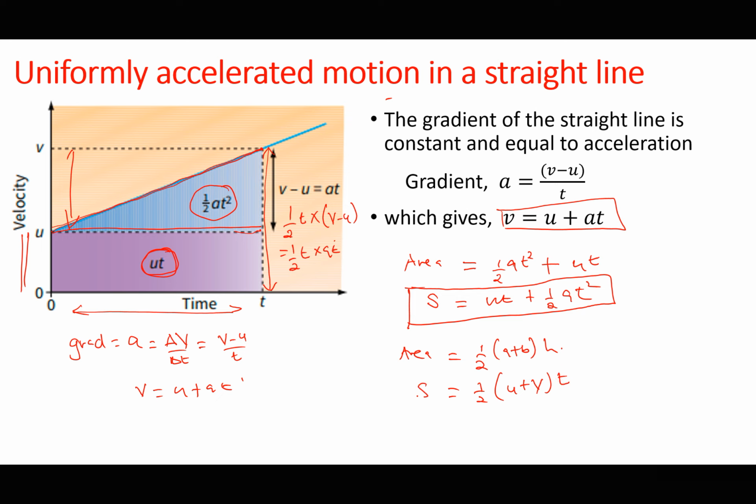Remember, the area is still the displacement. So I can also have the displacement as a half times u plus v times t. So the displacement could be given by this equation, and it could also be given by that equation there.